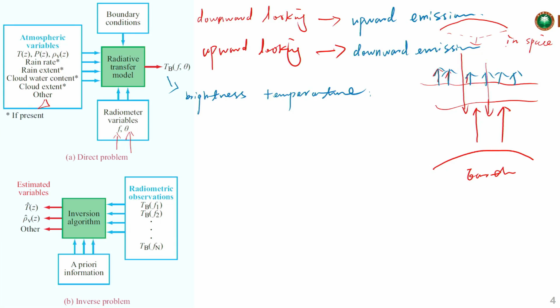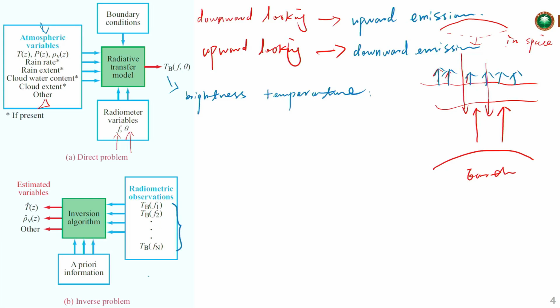And what we want to do is usually use the radiometer to obtain the atmospheric variables, to observe the performance of the atmospheric constituents. So we get the radiometric observations from the radiometer here.